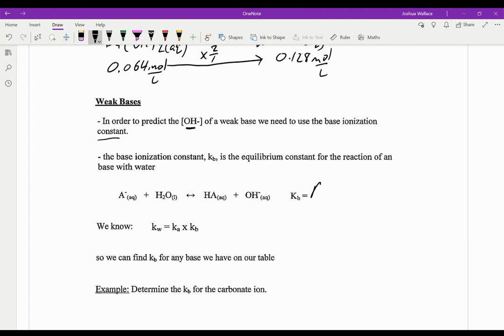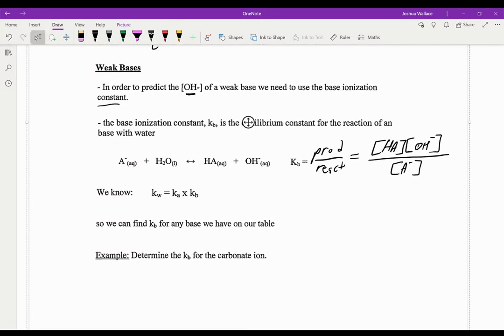My Kb, we know this as our products over our reactants, which would be equal to HA, this would be aqueous, but just to save a little time here, we'll just go over it with the chemical formulas, over A minus. So that is our Kb: the concentration of the HA, our conjugate acid, over my initial weak base.